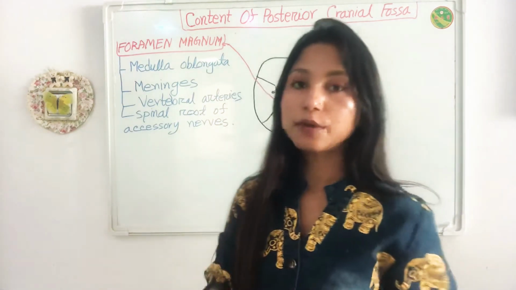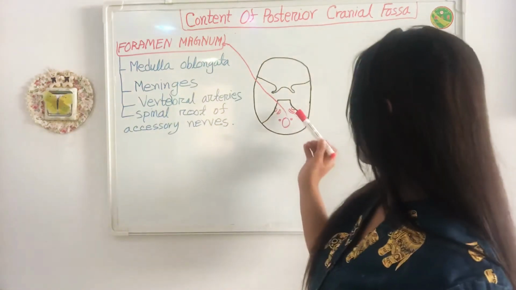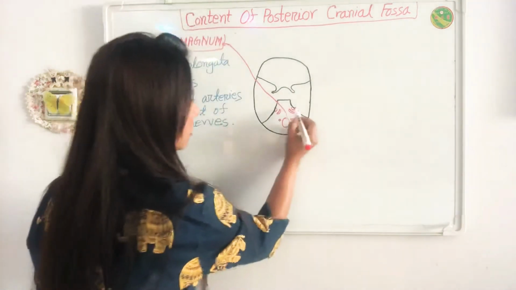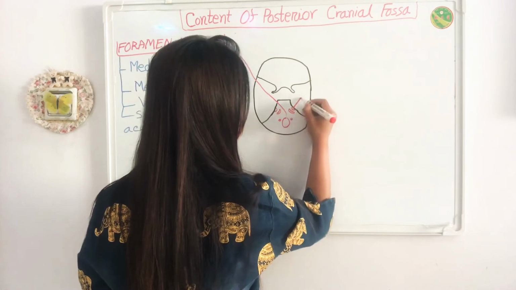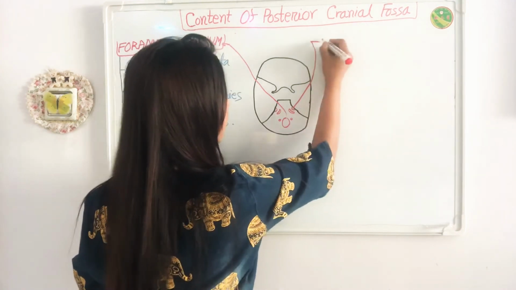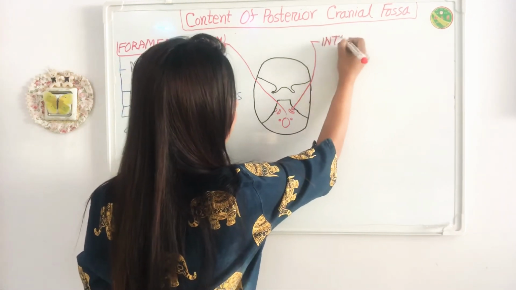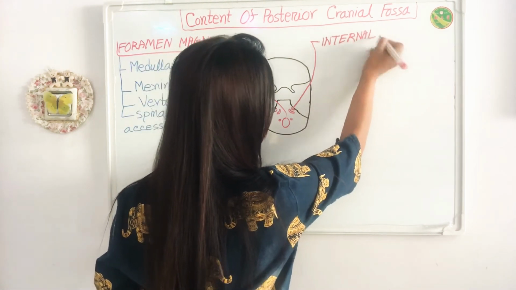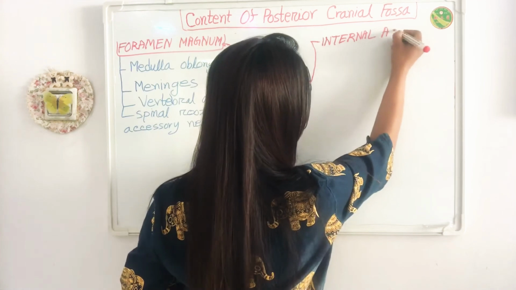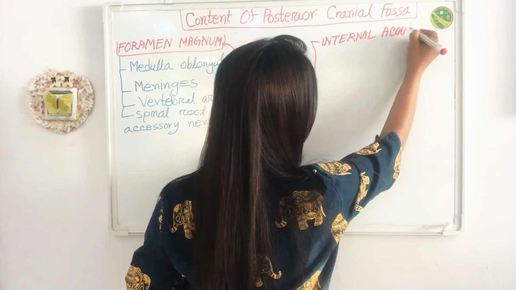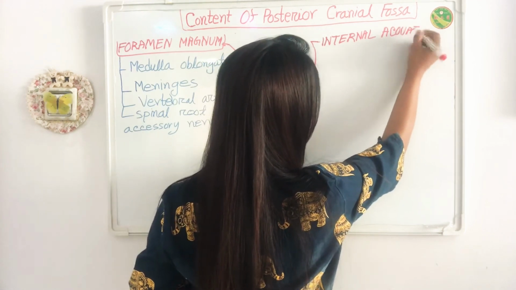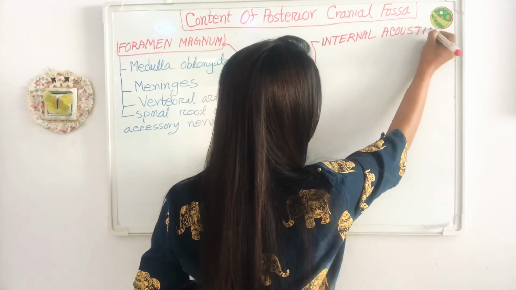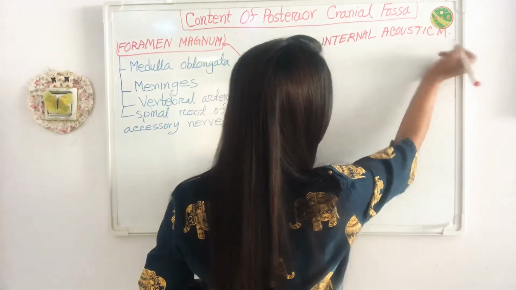Now we will see which structures pass through the internal acoustic meatus. So this foramen is our internal acoustic meatus.